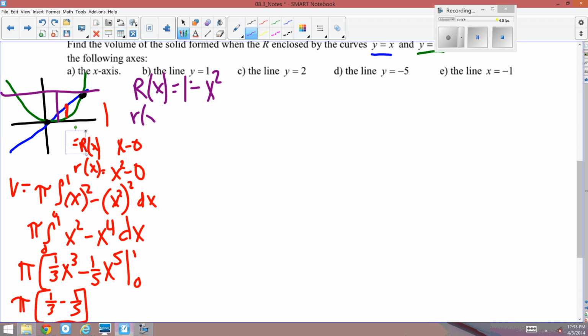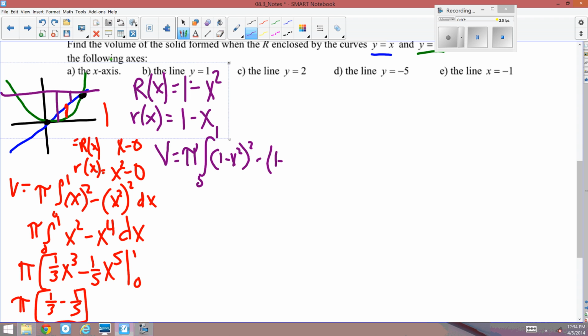My little radius, I was going to draw it, would be 1 minus x. All right, so my volume would be pi times the integral from 0 to 1 of big radius squared, 1 minus x squared squared, minus my little radius squared dx. Okay, and I'm just setting these up. I'm not going to solve them for now.